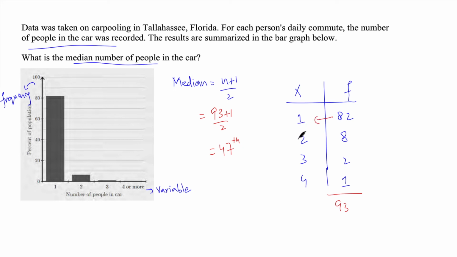We have 1 till the 82nd value. So if I ask you where the 42nd value lies, it's obviously 1. Where does the 20th value lie? It is 1. Where does the 50th value lie? It is 1. Where does the 80th value lie? It is 1. So the median is 1. This is the answer that you will put in the grid.